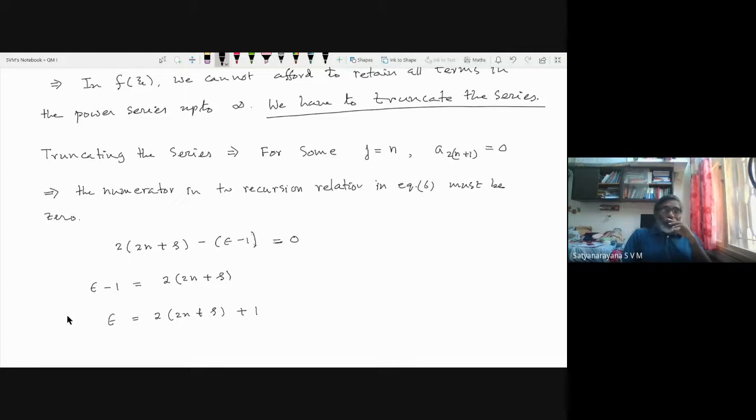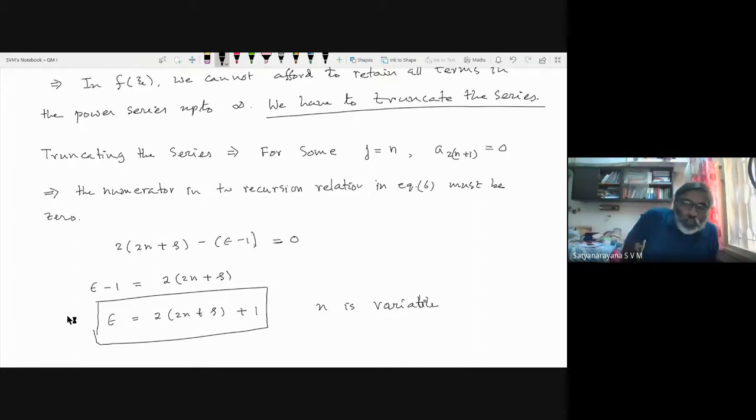Okay, now your n is something which is arbitrary. This tells you that this epsilon will take only these values for different values of n. So n is variable here. Of course, it has to be a positive integer.